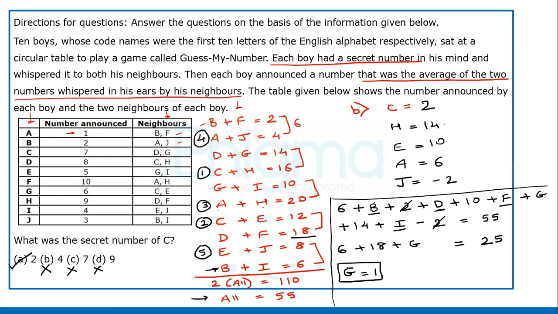Okay. Now because G is 1, from this equation we get I is equal to 9. Now I is 9. So therefore from this equation B comes out as -3.